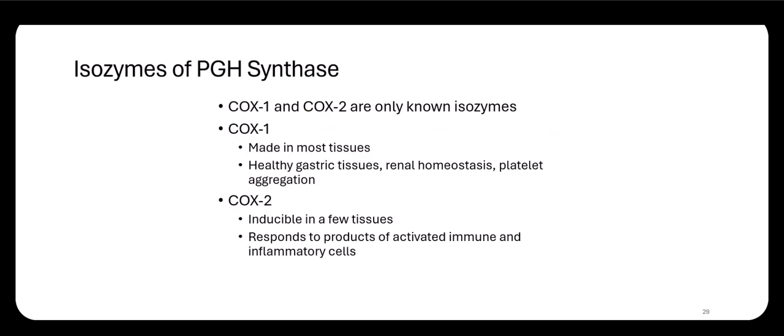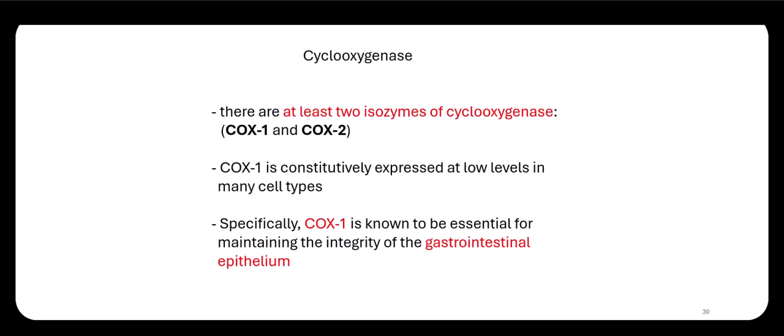So we talked about our isozymes a little bit, COX-1 and COX-2. COX-1 we're making in most tissues, but it has the function of keeping your gastric tissues healthy, keeping your kidneys in homeostasis, platelet aggregation, things like that. COX-2 can be induced in a few tissues, but it's very much about an immune response and an inflammatory response.